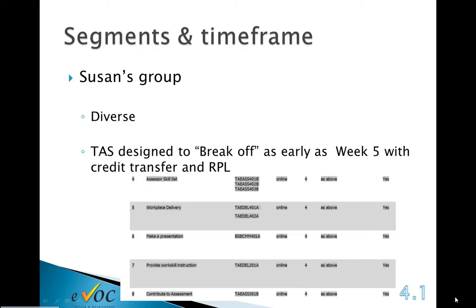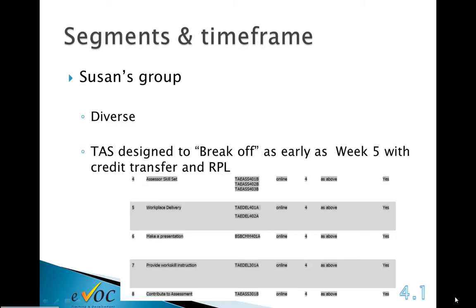So here at Evoke, we create a training and assessment strategy. And in section 3, it actually breaks down into manageable segments. So we break it down into week 1, week 2, which you're in now, so that ends our design module.